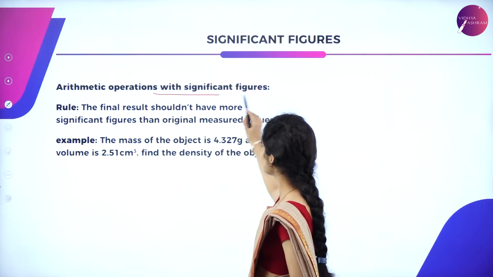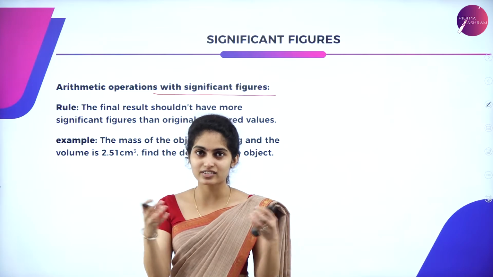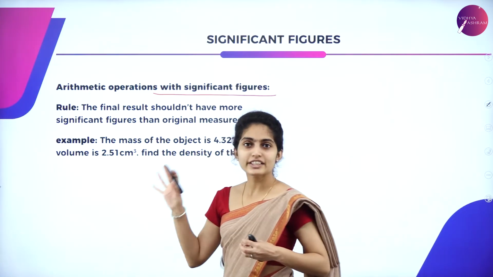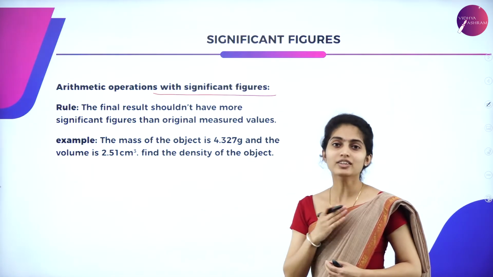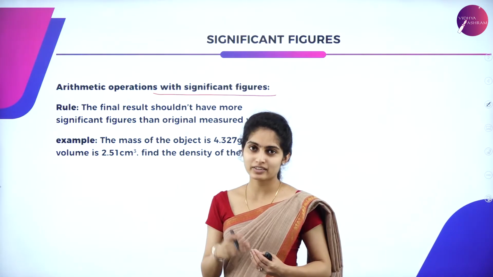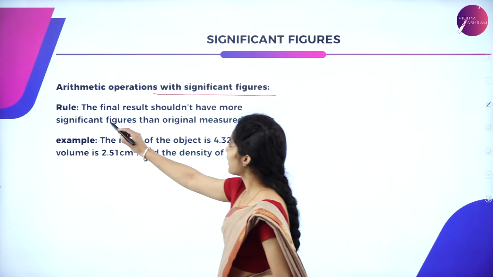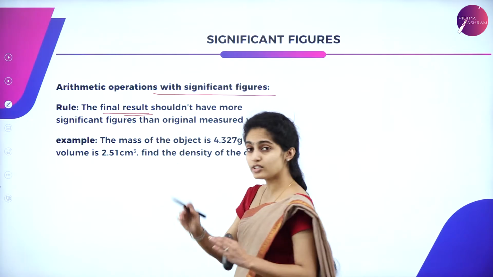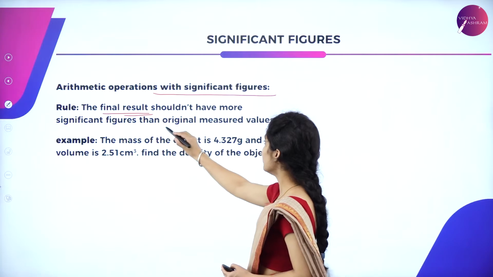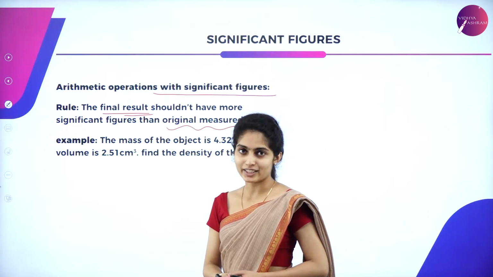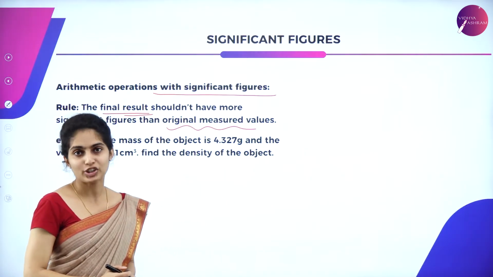Arithmetic operations with the significant figures. See, the significant figure is like a leech. It has stuck to your each and every operation. So throughout, it is stuck as a leech itself throughout the arithmetic operations or numericals or any such measurements. Okay, so the rule says that the result what you get shouldn't have more significant figures than the original measured value.